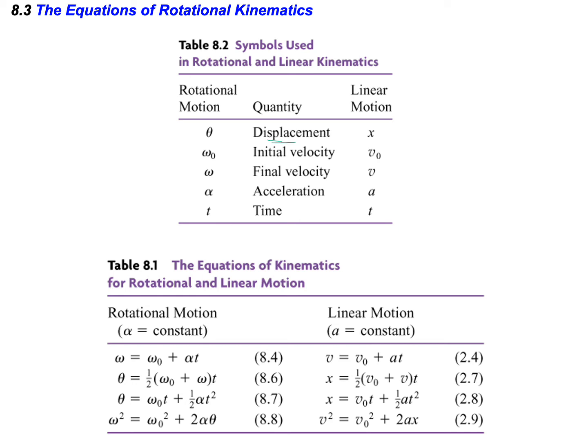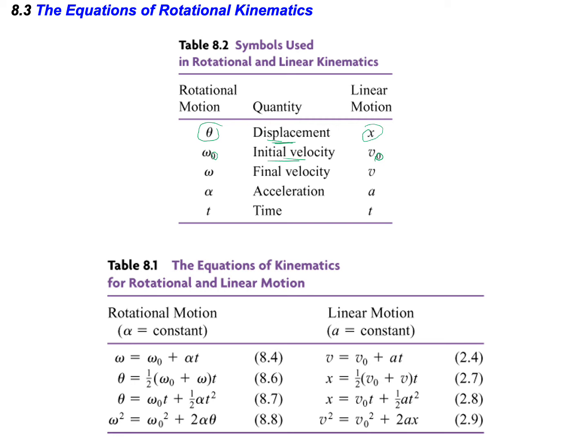So for example, for displacement in linear motion we use x, and for displacement, change of angle, we use theta for rotational motion. And initial velocity, we always use 0 for initial, so v naught for velocity in the linear case, and again 0 for initial, and omega naught for rotational or angular velocity. Final velocity, we just use v for linear motion and omega for angular motion, angular velocity.